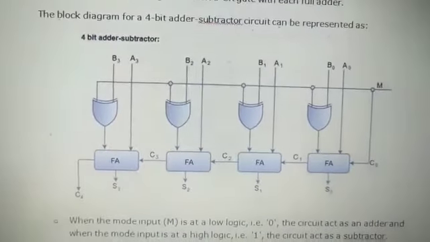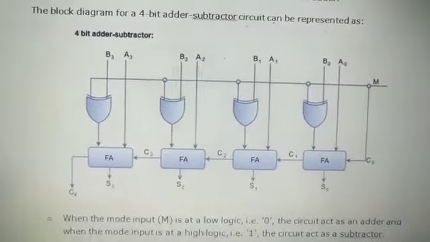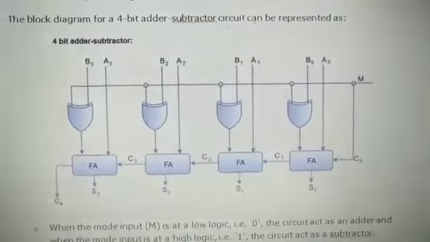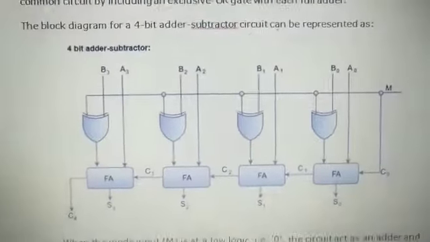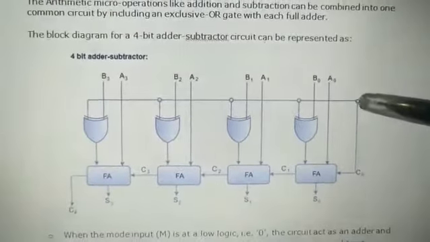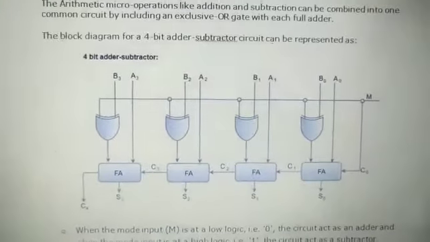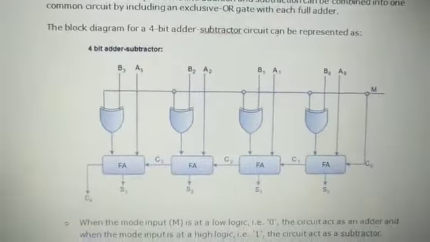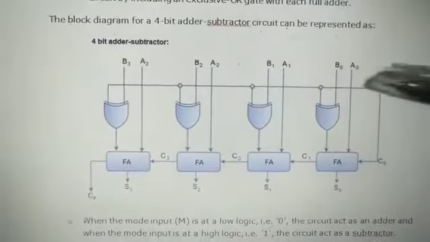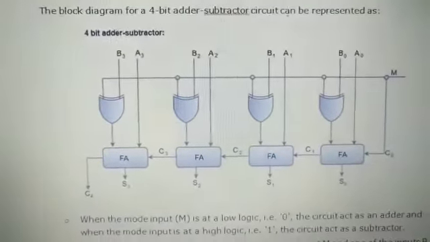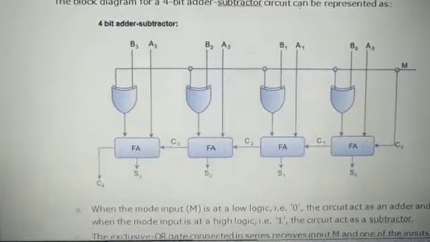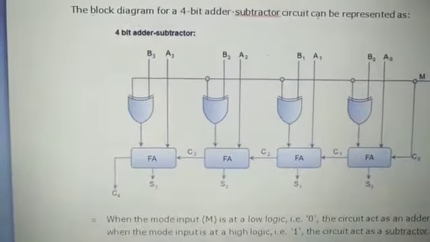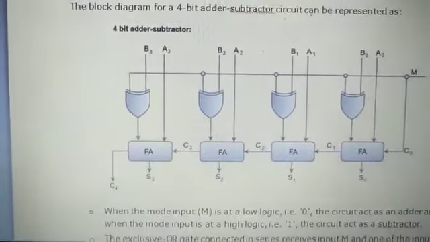And if you want the circuit to act like an adder, then through this M control line you have to pass low voltage. Low means 0. If you are passing 0, then the XOR gate will not produce the complement of the addend. That is, the addend is B0, B1, B2, B3. It will not generate B0 bar, B1 bar, B2 bar, B3 bar.